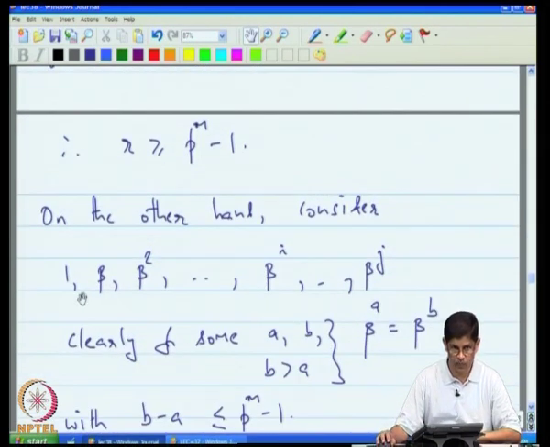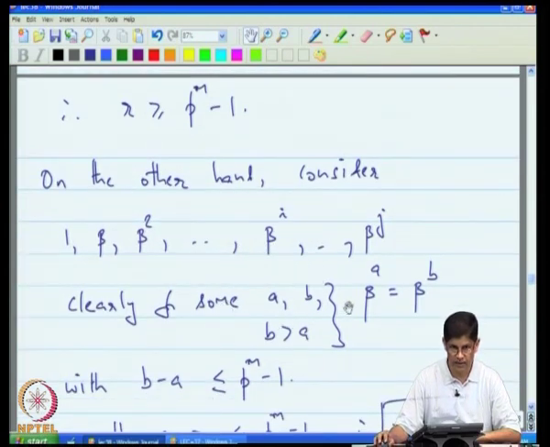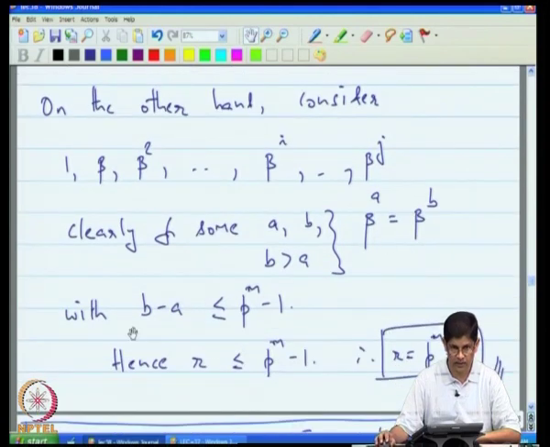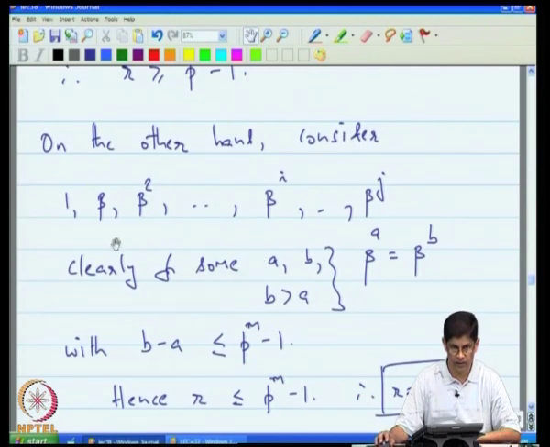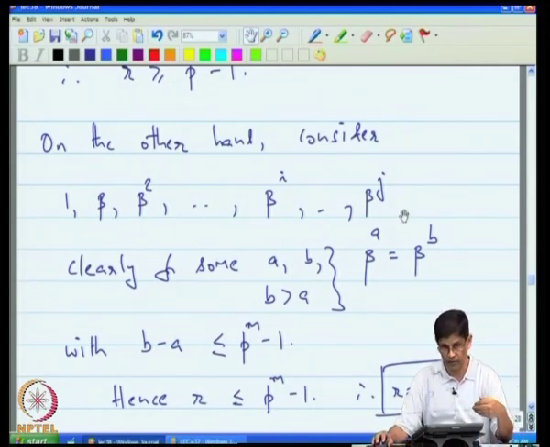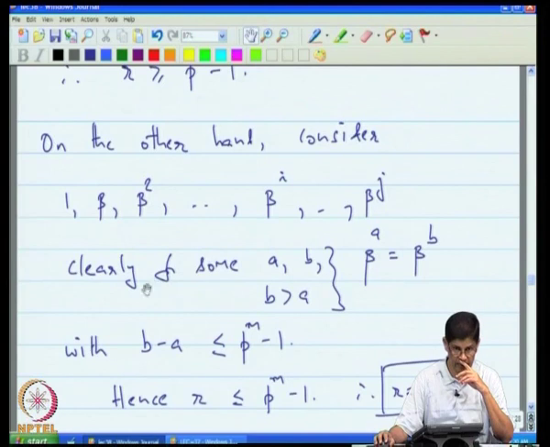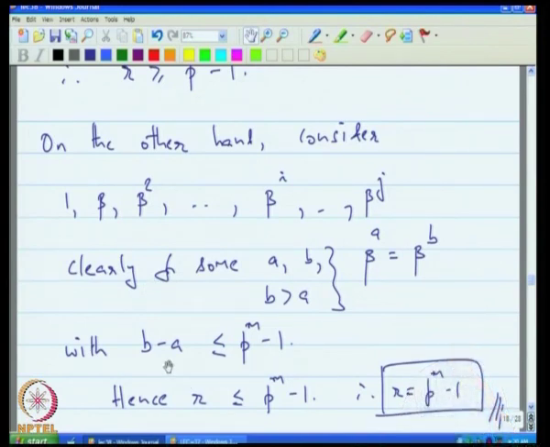On the other hand, if you consider 1, beta, beta squared, increasing powers of beta, then for some pair A, B, beta to the A must equal beta to the B, with B minus A less than or equal to p to the m minus 1, because the finite field contains only p to the m minus 1 non-zero elements. So, by the time you reach p to the m minus 2, you have achieved the maximal possible count. Thereafter any element that you get must be a repeat of some earlier element, and therefore the difference between B and A must be less than or equal to p to the m minus 1.